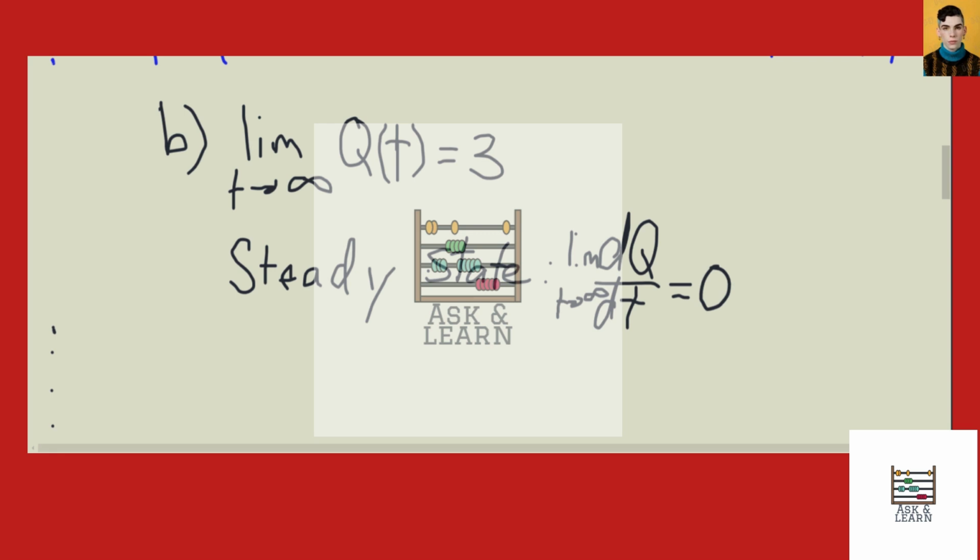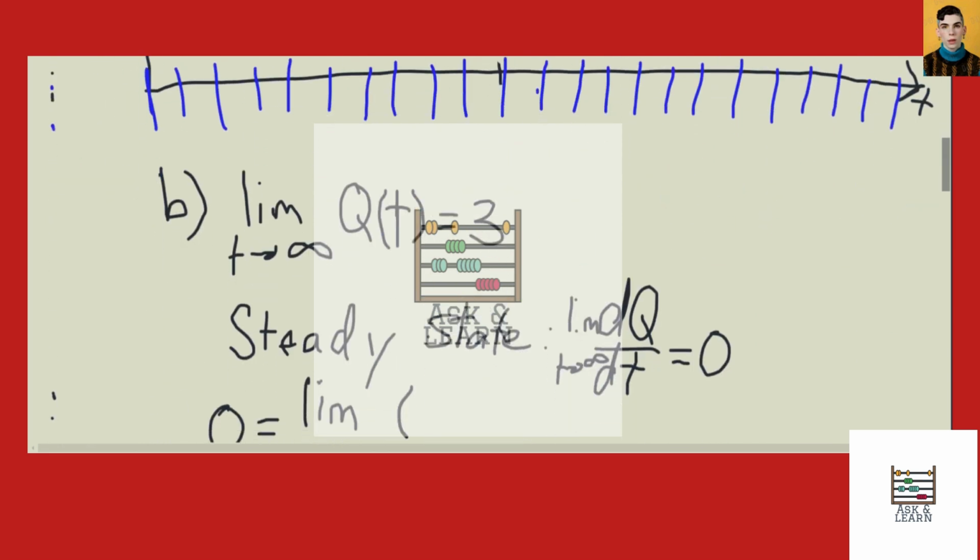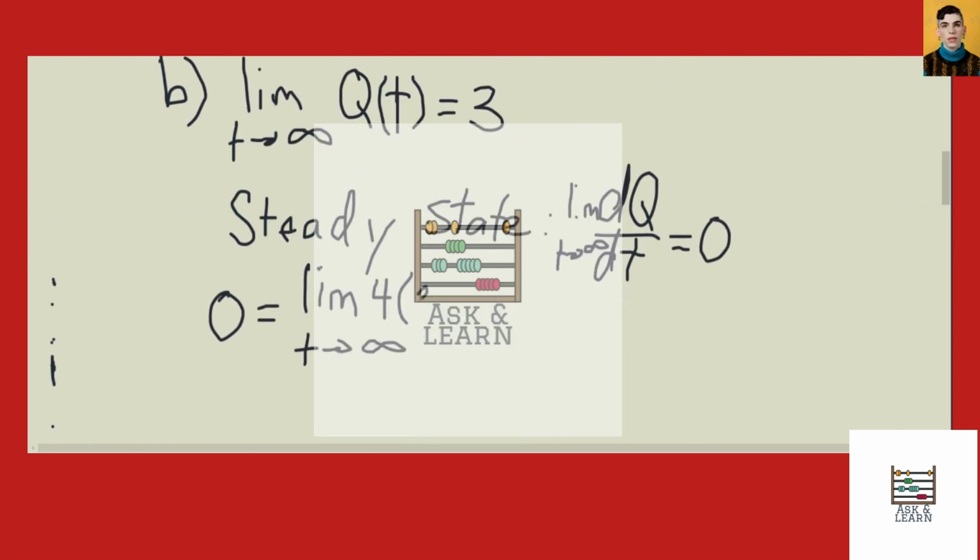And therefore the limit of this, which is equal to the limit as t approaches positive infinity of 4 times (3 minus q), using our properties of limits, we can simply write as 12 minus 4 times the limit as t approaches infinity of q(t).